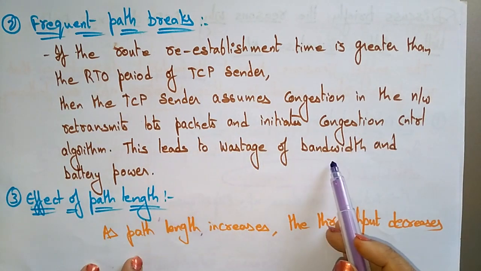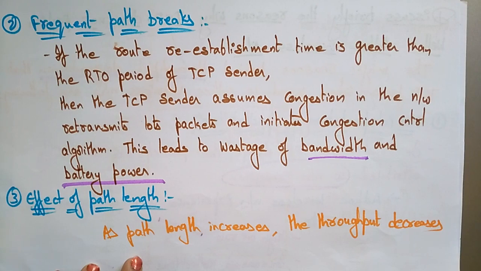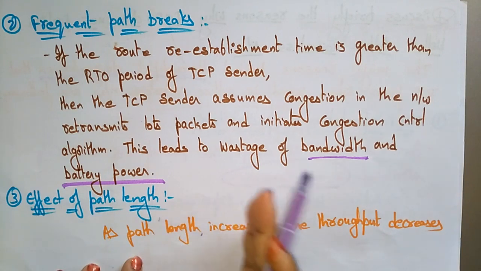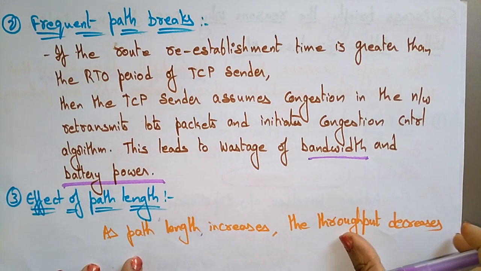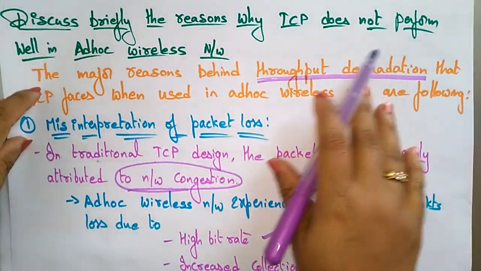This leads to wastage of bandwidth and battery power. Because of the frequent path breaks, a lot of congestion control is invoked at the sender side, which leads to the wastage of bandwidth and battery power. So because of this, TCP does not perform well in ad hoc wireless networks.